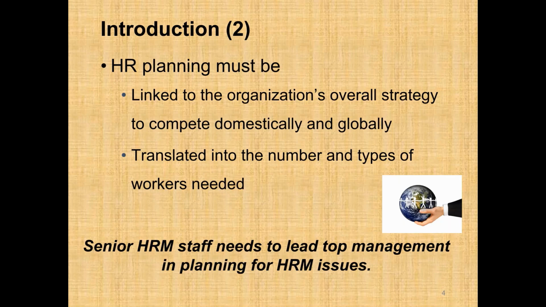In doing human resource planning, human resource managers need to work with top management so that they can plan all the HRM objectives or issues. Human resource planning talks about what kind of people I need in my organization, which depends on the strategic objectives that my organization has chalked out.